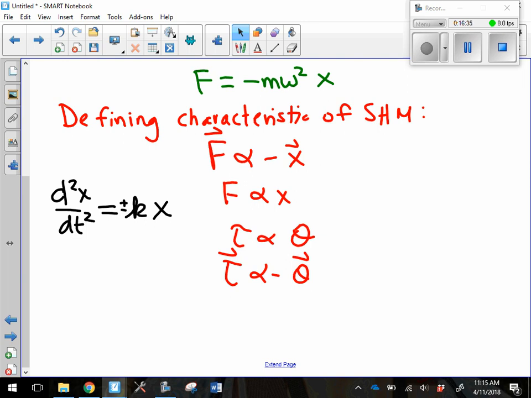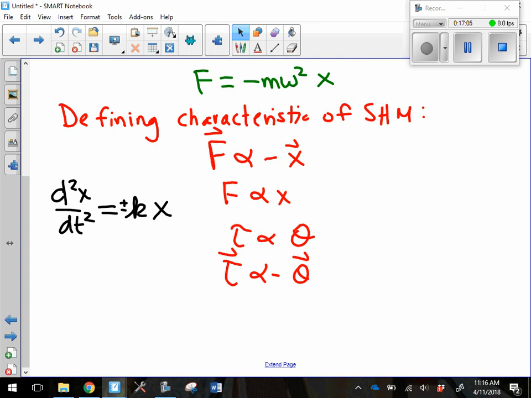So you need to have the second derivative, which is the acceleration, proportional to the force, or the torque has to be proportional to the position, be it x or theta, to the first power. If there are vector symbols, it has to be negative. Because in all of these cases, the force associated with a simple harmonic oscillator is what we call a restoring force.